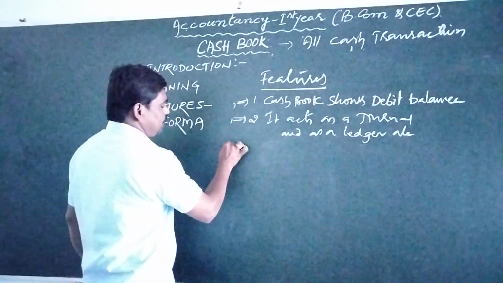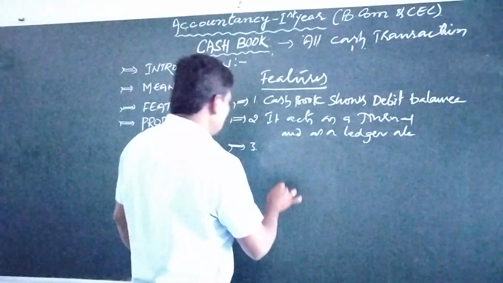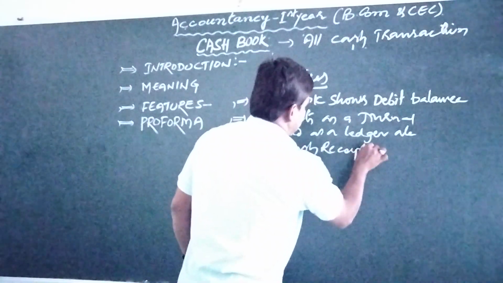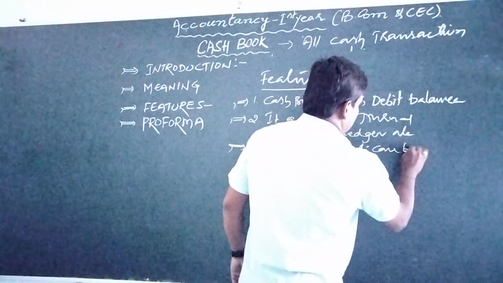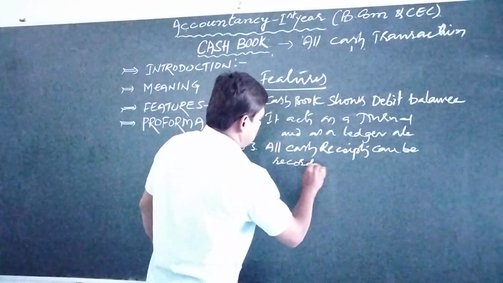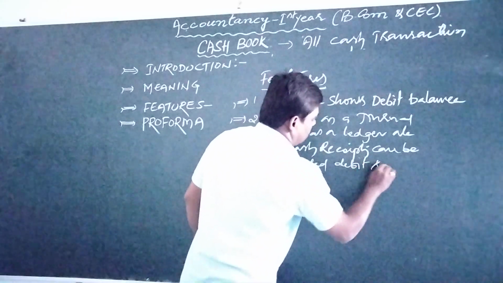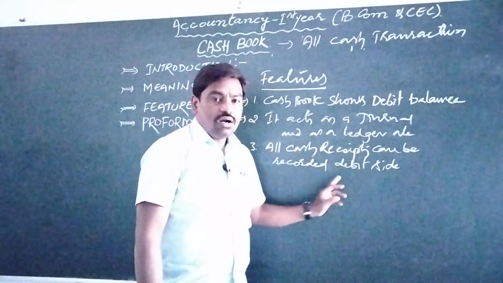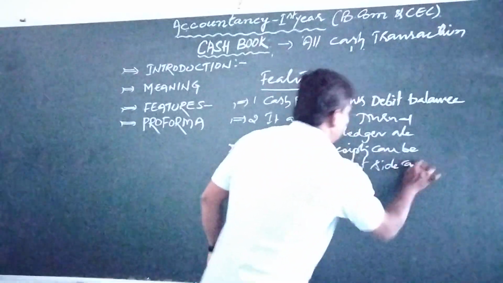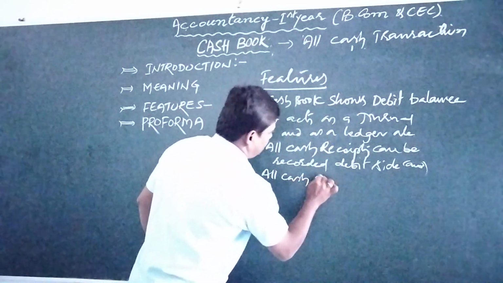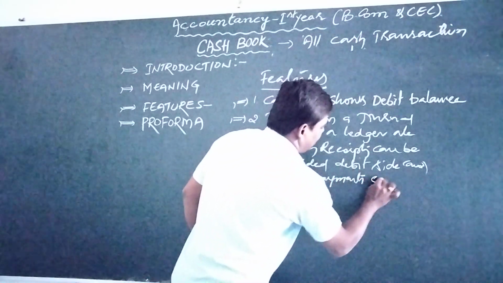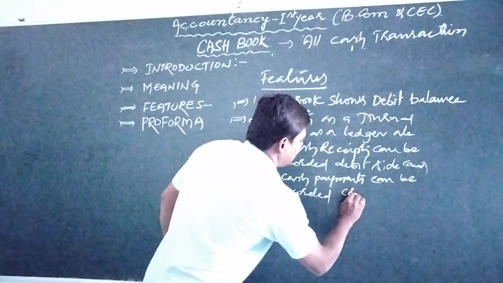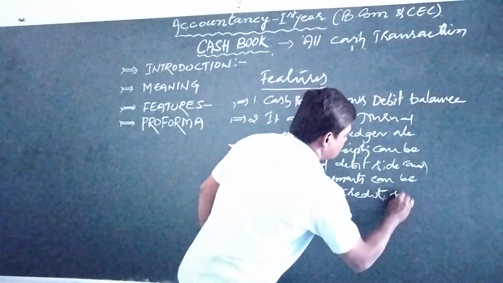Right. Come to the next one, the third point: all cash receipts are recorded on the debit side of the book, and all cash payments are recorded on the credit side of a cash book.